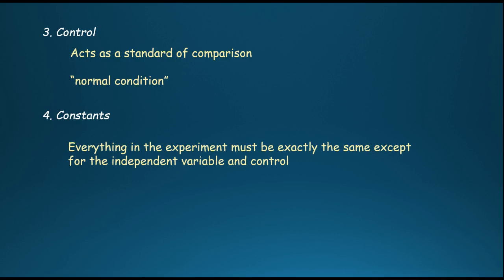Constants is everything in the experiment that has to stay exactly the same except for that independent variable. So all the same beaker size, the same amount of water, the same temperature. The only thing that should change in your experiment is the independent variable, and then the dependent variable will change because of that.